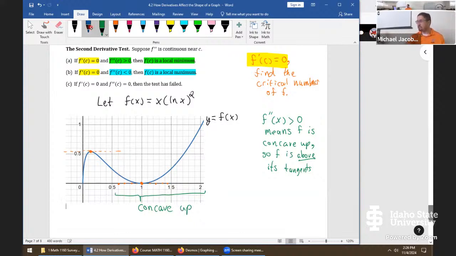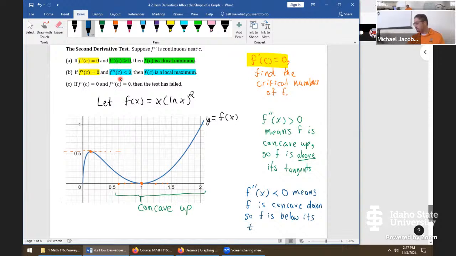By the same token, let's take a look at this information. F double prime at c less than 0 means f is concave down. Let's say that again, just connecting the dots. F double prime at x less than 0 means f is concave down, and that means something else entirely as well. So f is below its tangents.